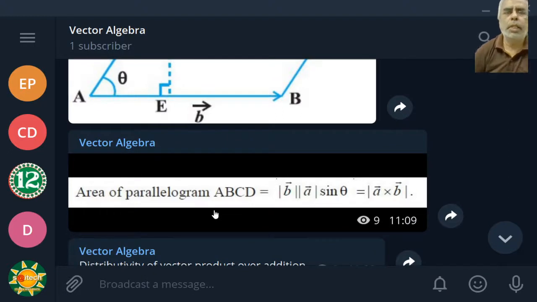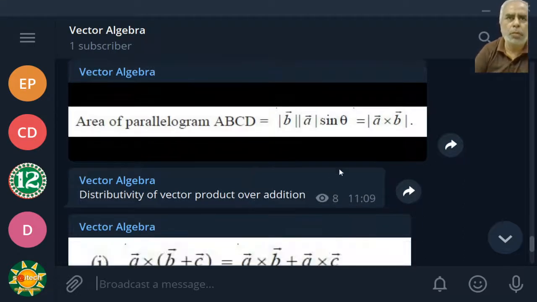So in that case, the area of parallelogram ABCD is given as the modulus of A vector cross B vector. So that is equal to modulus of B vector into modulus of A vector then sine theta.